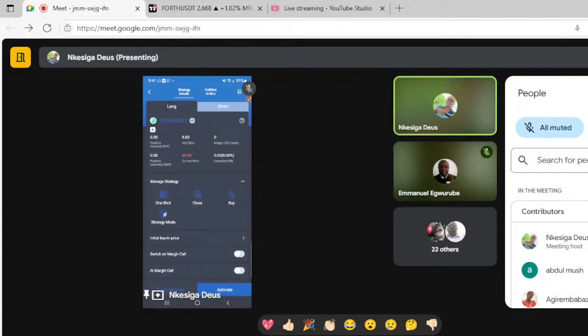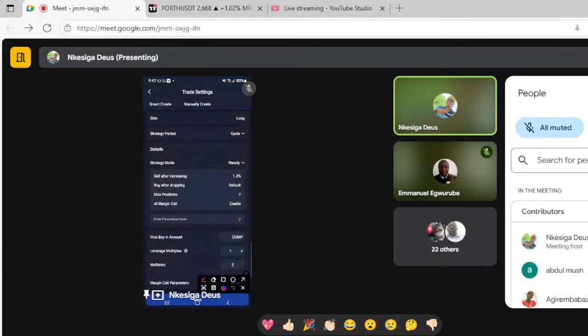Okay, there we go. So now we are choosing long, and come here on trade settings.